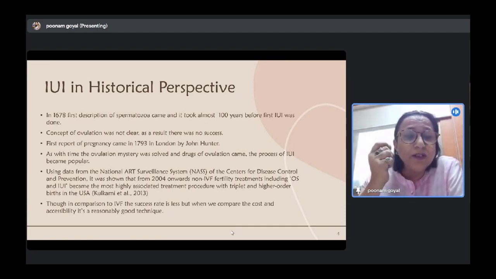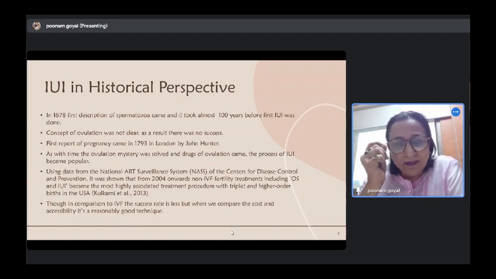Now, using the data from the National ART Surveillance System at the Centers for Disease Control and Prevention, it was shown that from 2004 onwards, non-IVF fertility treatment, including ovarian stimulation and IUI, became the most commonly used treatment procedure.